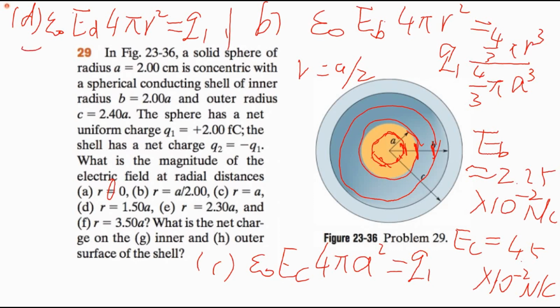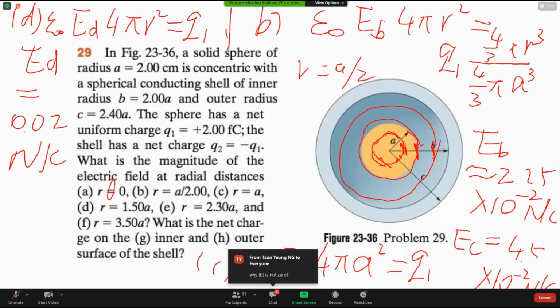Then if you solve for ED, that would be 0.02 newtons per coulomb. These are just calculations, nothing special, but you should find the correct radius and the correct total charge. And then let's take a look at E.